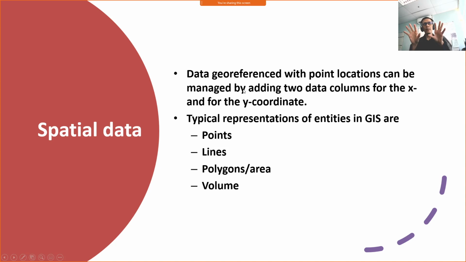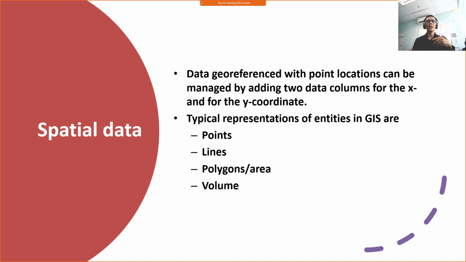Those are actually the minimum requirement for spatial data. You got a column for x and a column for y, a column for longitude and a column for latitude.